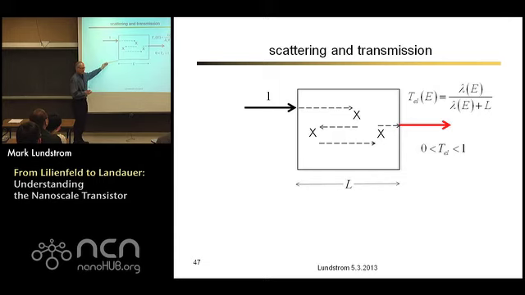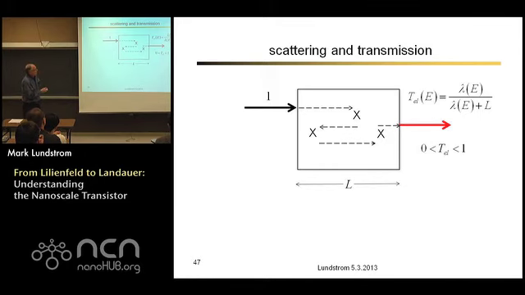Let's think about our channel as being a slab of material of some length L. Some electrons are coming in from the source. Let's say the magnitude is 1. What we want to know is the fraction of them that come out the other side. And that fraction is T, a number between 0 and 1. And you can see, there's a very simple expression, and you can see that this works.